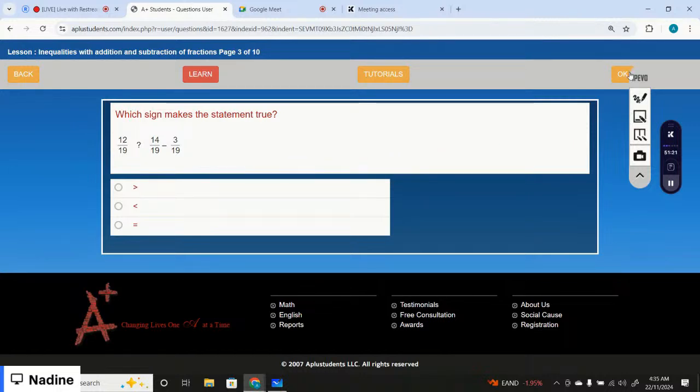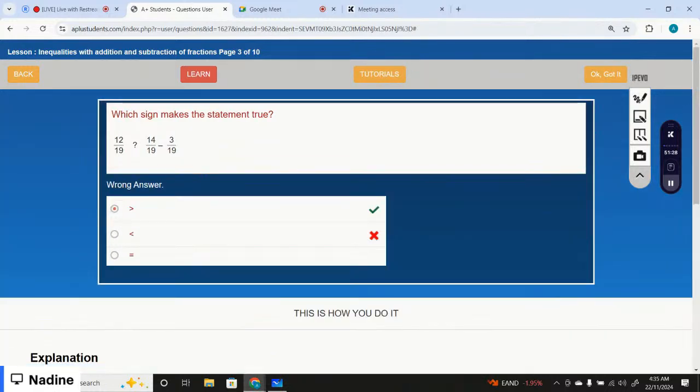The correct option is 12 over 19 is greater than 11 over 19. The correct option is greater than.